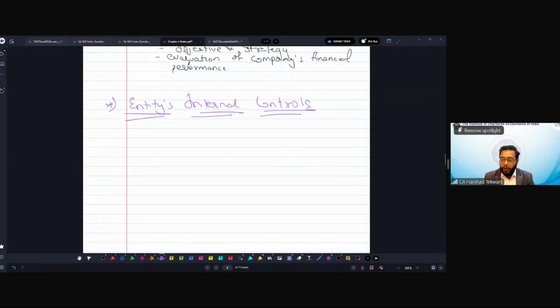Now, can someone provide me an example of an internal control? We saw one in the image, but apart from that, a real life example of a control that you have seen. Anyone?